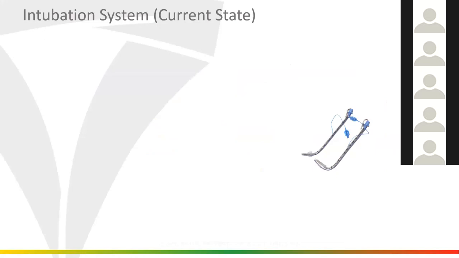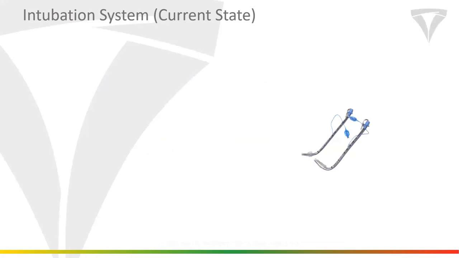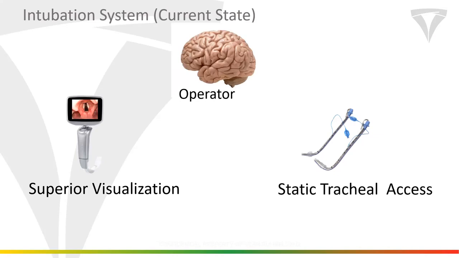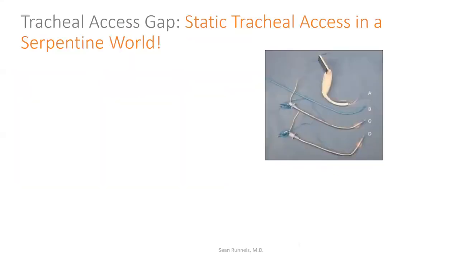Okay, so now let's look at our current state just to remind ourselves where we are now. This is the current state rescue. VL for rescue: static tracheal access, one operator, static tracheal access in a serpentine world. 8% of the time we can't rescue the patient.